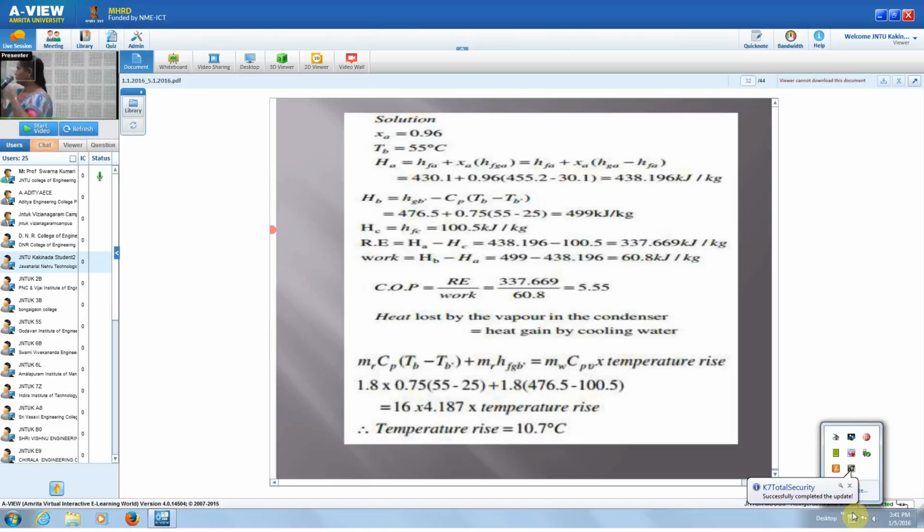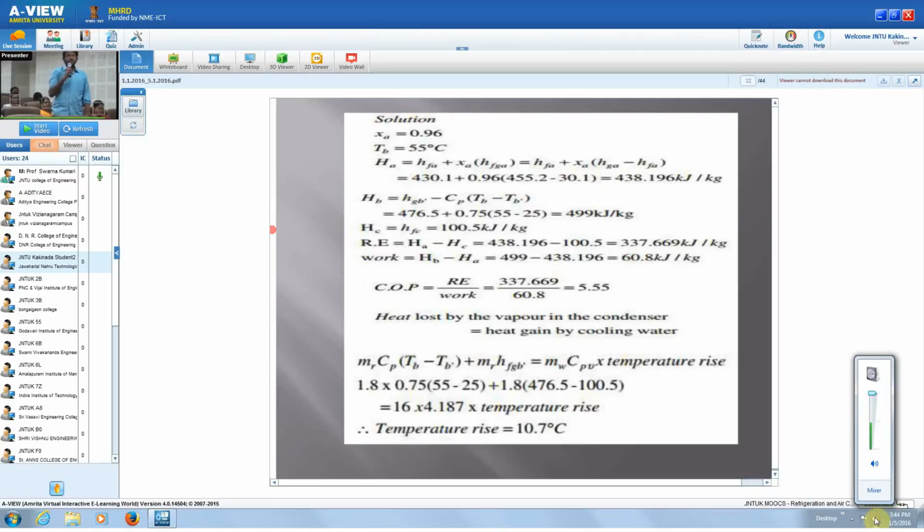Next class we will see some more problems on vapor compression, and we'll go to the third unit, that is refrigerants. We covered wet compression, dry compression, the differences between wet and dry compression, and advantages and disadvantages.